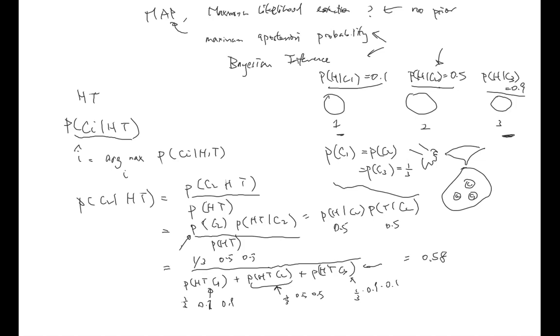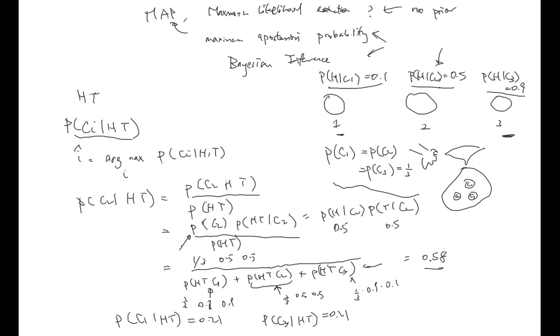If you compute the other values, P(C1 | H, T) should be equal to 0.21, and P(C3 | H, T) is also equal to 0.21. So it's more likely to be the second coin, which means the intuition is correct, but it's not that extreme. It's less than 0.6 probability that it is actually C2.